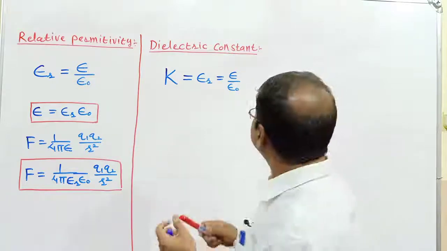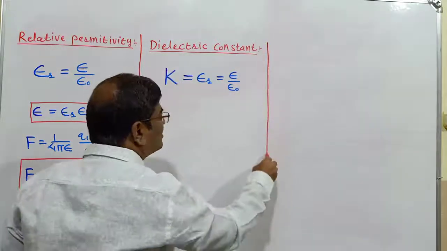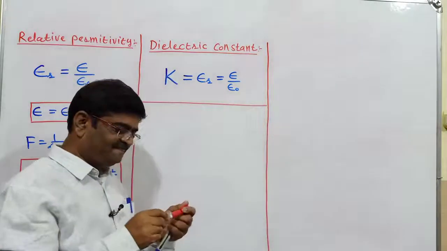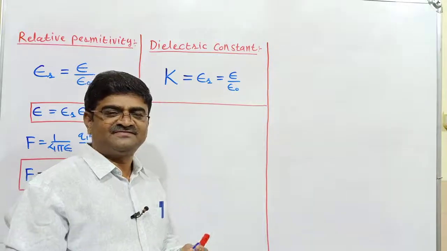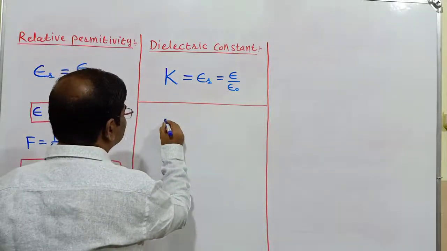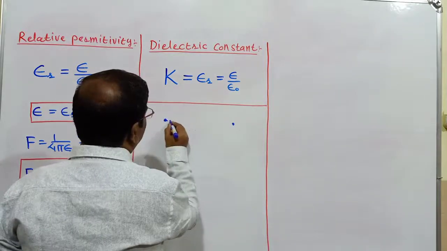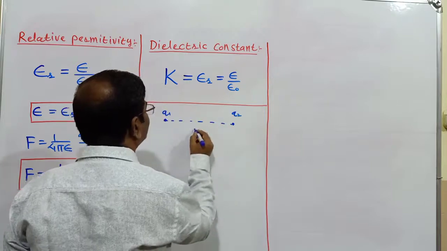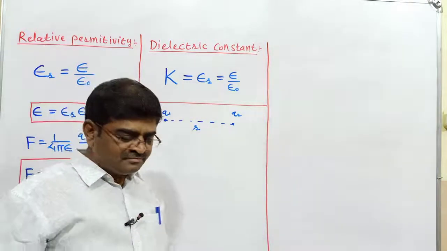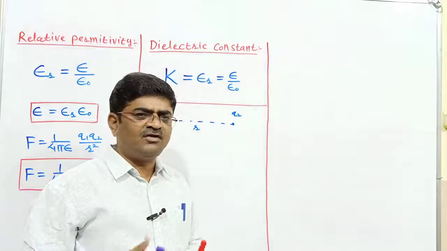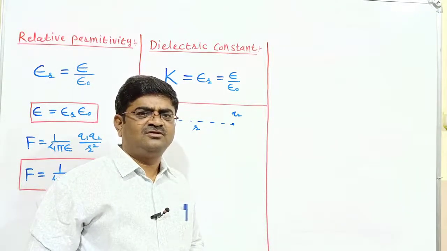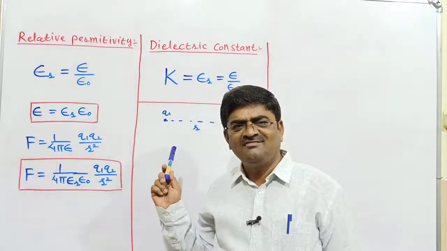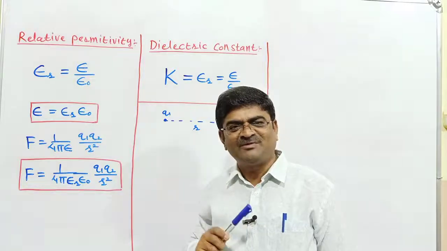But I would like to get the value of the dielectric constant in a different fashion. So what I do is I'll take 2 point charges, and I'll arrange those 2 point charges in air or vacuum at a separation R. Now if I ask you to tell me the force between these 2 charges, obviously you will seek the assistance of Coulomb's law.